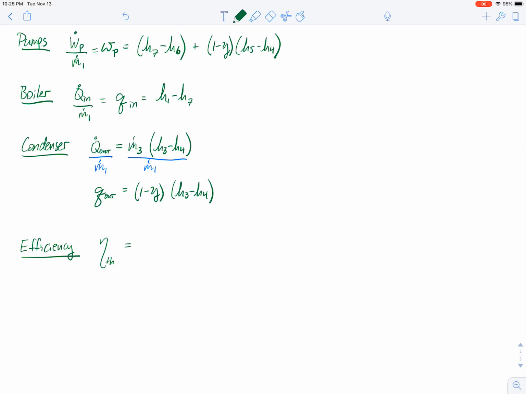Again, that's going to look like what I want, which is my net work divided by what I have to pay for, which is my heat transfer in. In other words, the power produced by the turbine minus the power consumed by the pumps divided by the power coming in through my boiler.